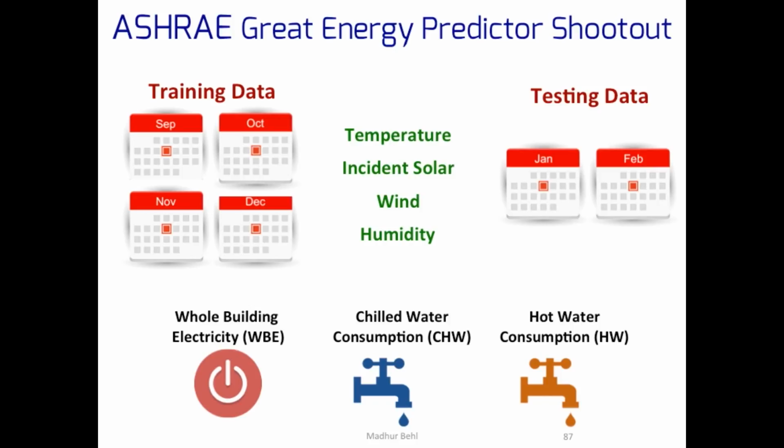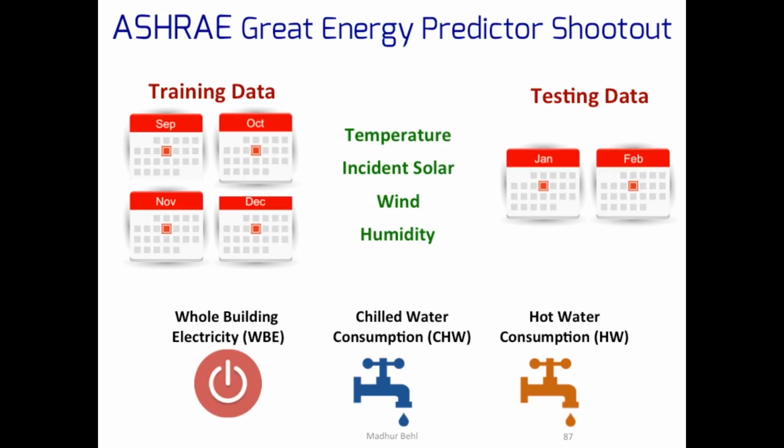ASHRAE is the American Society of Heating, Refrigerating and Air-Conditioning Engineers, and they released a common data set in which they invited participants to try any data-driven model for 4 months of weather data. The goal of the competition was that you don't only have to predict electricity, but in addition to that, you have to predict the chilled water and hot water consumption of the building as well. And then they evaluate the performance of your model on 2 months of data that you've never seen before.